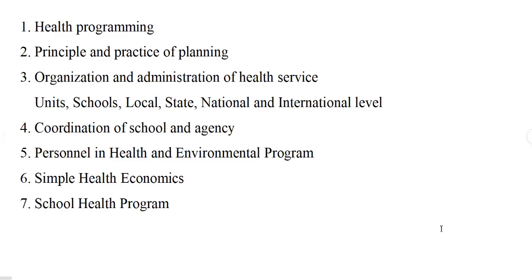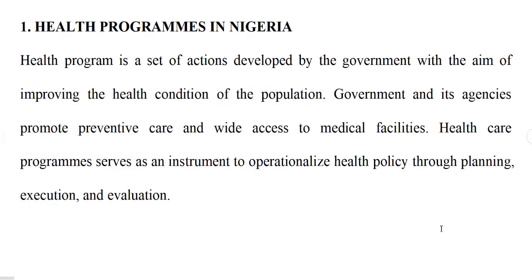Thereafter we will look at school and other relevant agencies in health. We also consider the personnel in health and environmental program. What to do in order to ensure your health and wellness. And finally, school health program.